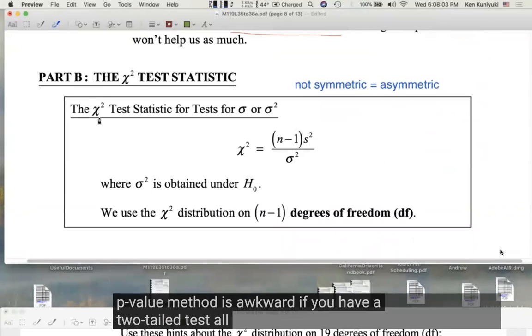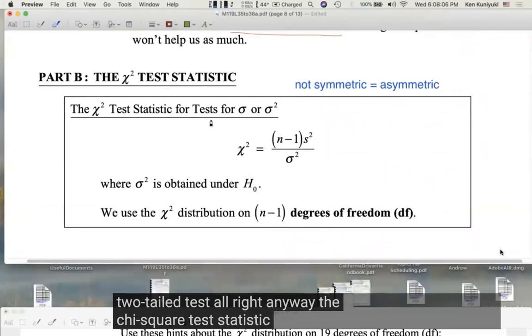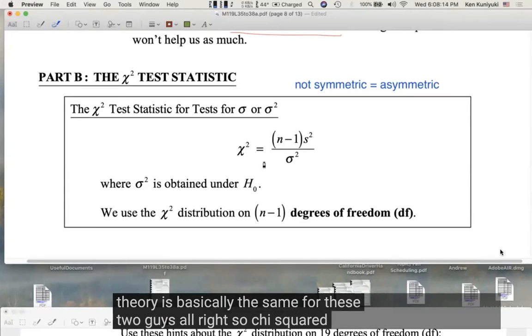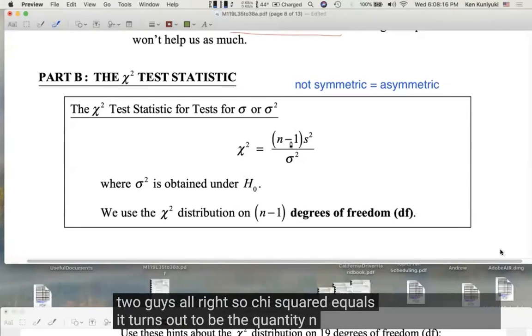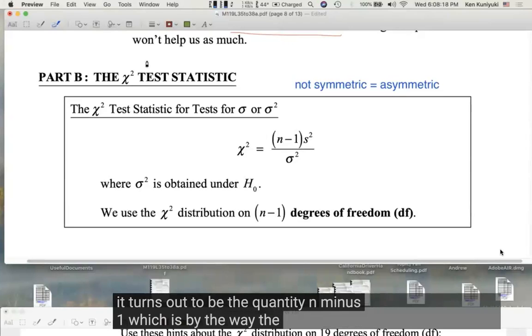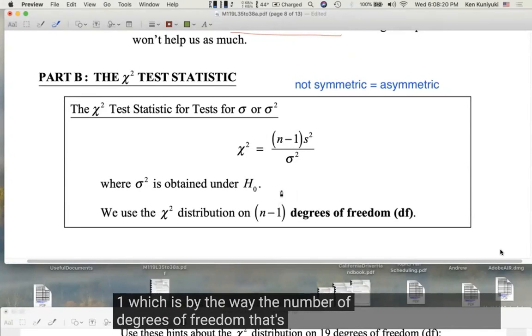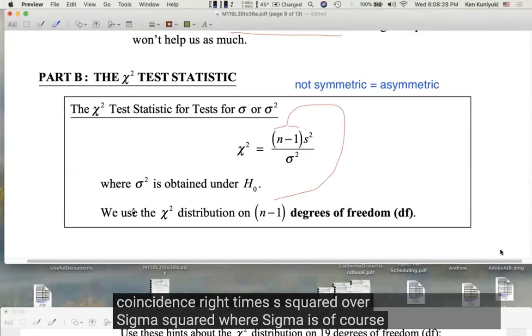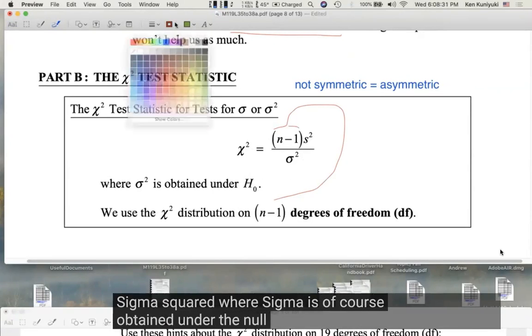All right, anyway, the chi-square test statistic for tests for sigma or sigma squared, the underlying theory is basically the same for these two. So chi-squared equals the quantity n-1, which is, by the way, the number of degrees of freedom. That's not quite a coincidence, right? Times s squared over sigma squared, where sigma is, of course, obtained under the null.